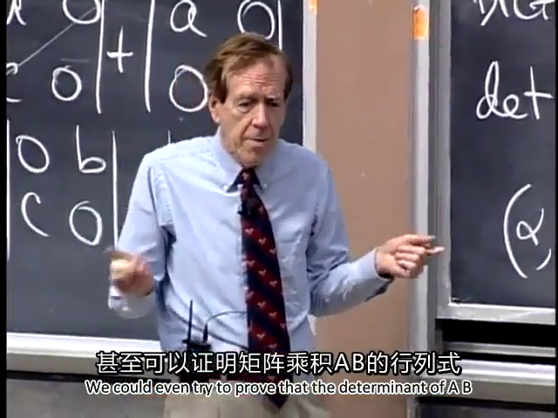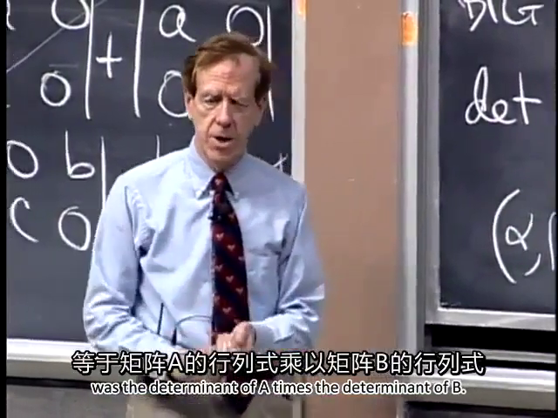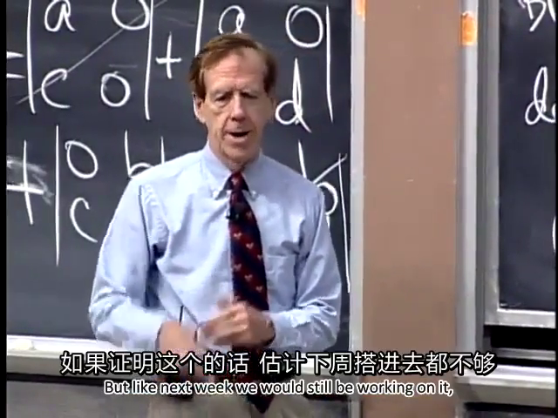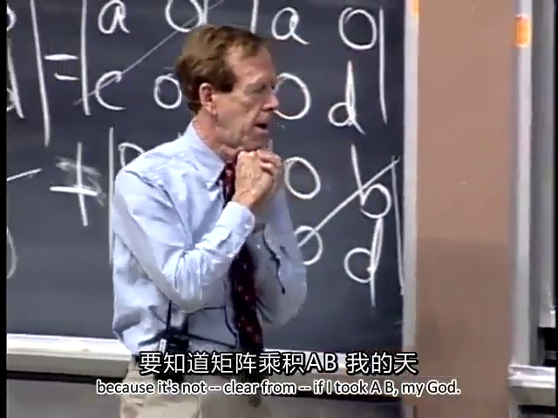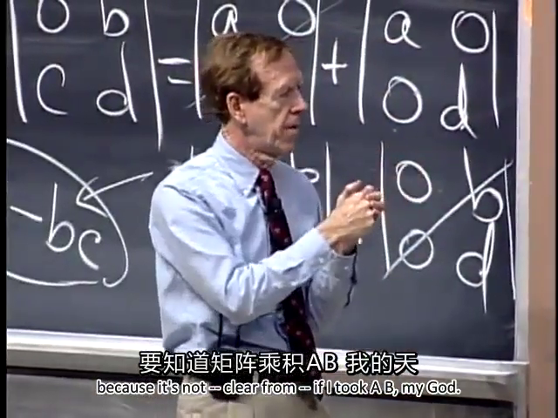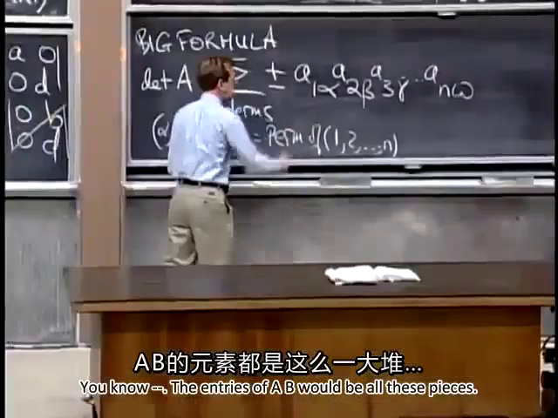We could even try to prove that the determinant of AB was the determinant of A times the determinant of B. But like next week, we would still be working on it, because it's not clear from, if I took AB, my God, the entries of AB would be all these pieces.